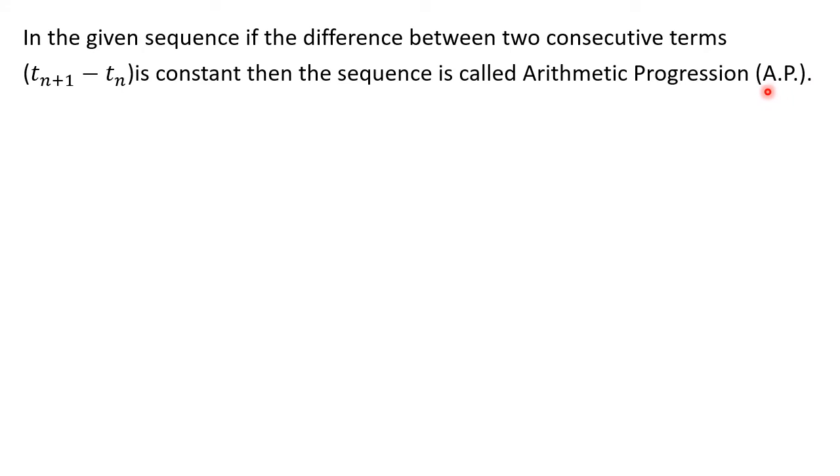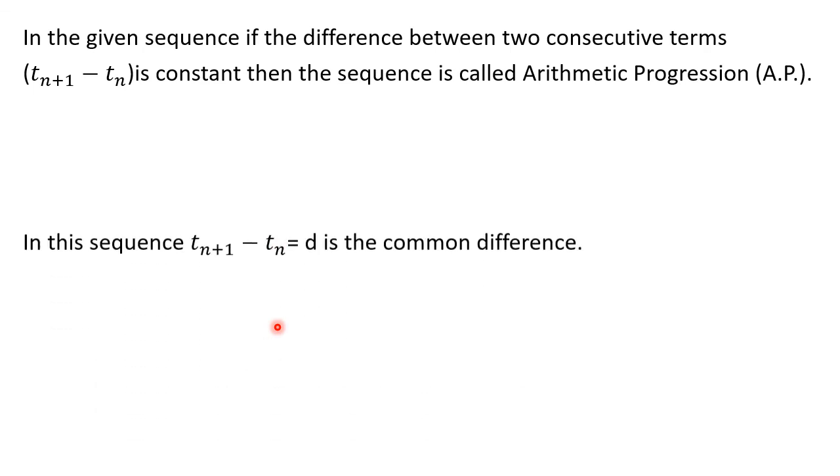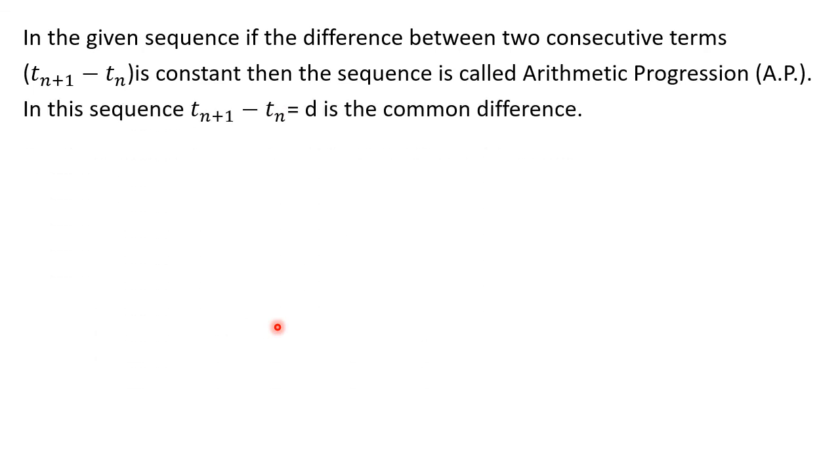The standard abbreviation is AP, which you can use in the exams also. In place of arithmetic progression, you can write AP. Okay. So here it's a particular type of sequence where the difference between two consecutive terms is constant or it is same. Okay. So here this difference is denoted by letter small d.